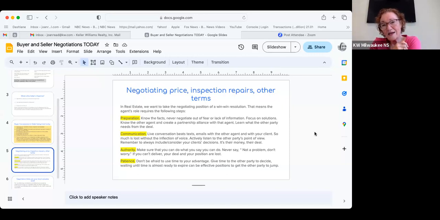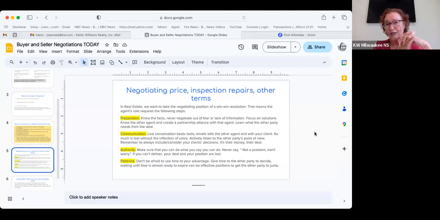You can see a hedge, or you can hear a hedge. You can hear a doubt. You can hear positive outlook. You can't get any of that in negotiating with texts or emails. It has to be a live conversation on the phone or face to face.